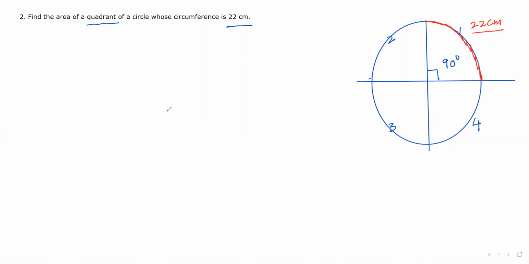Sir, circumference does not mean the full circle. Once again, find the area of a quadrant of a circle. Oh, you're very right. I think I'm interpreting it wrong. Find the area of a quadrant of a circle whose circumference is 22. I think, Manrose, you are right. It's not the circumference of this quadrant.